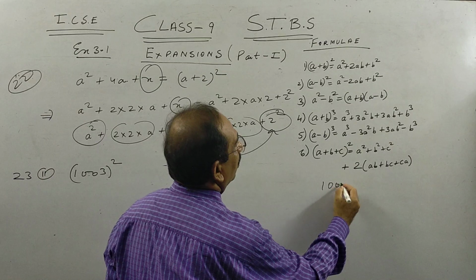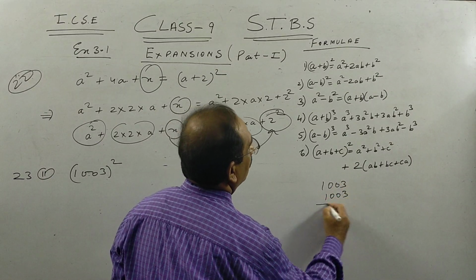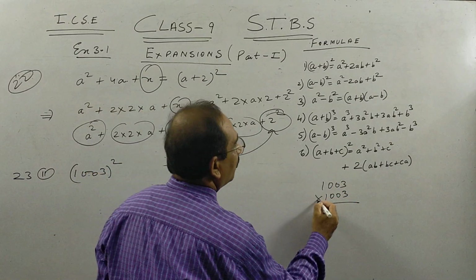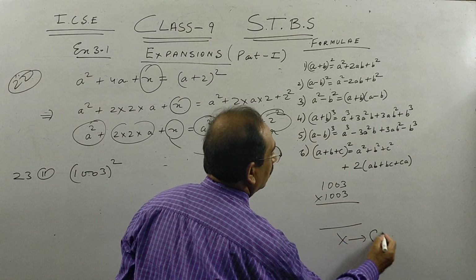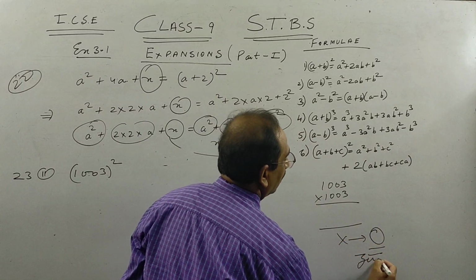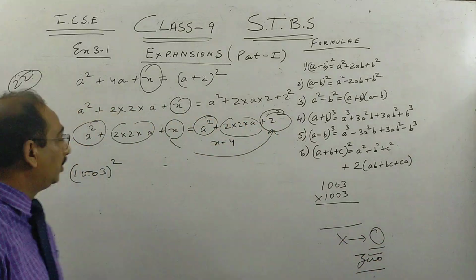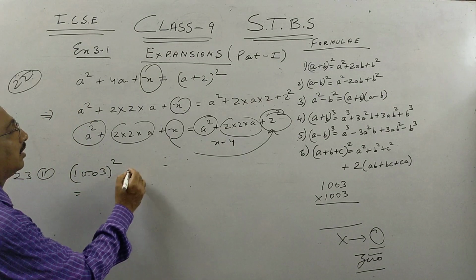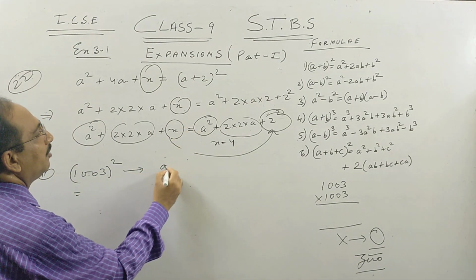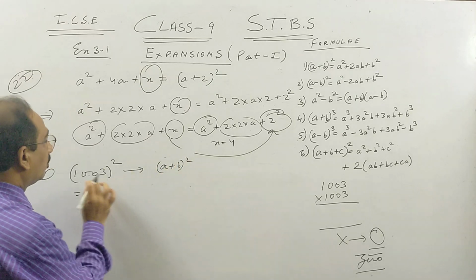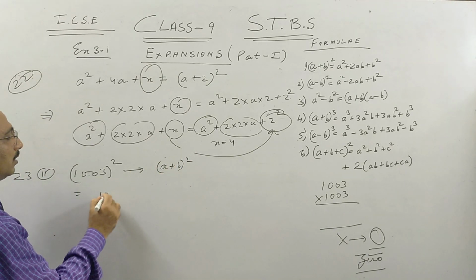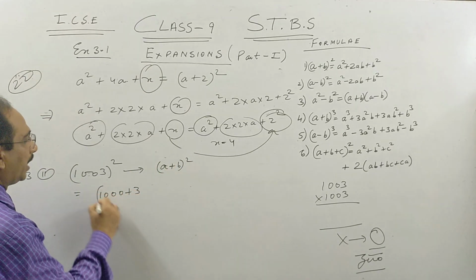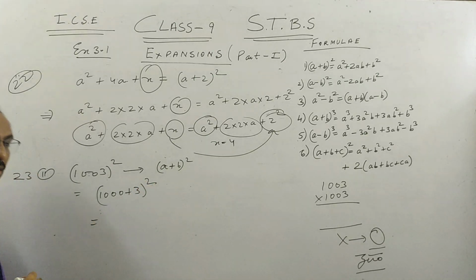They do this because they think square means this. If you do this, you will get 0. Because here the question says use the formula. So what do we do, children? We apply the very first formula. Because this is more than 1000. So through practice you will know this.